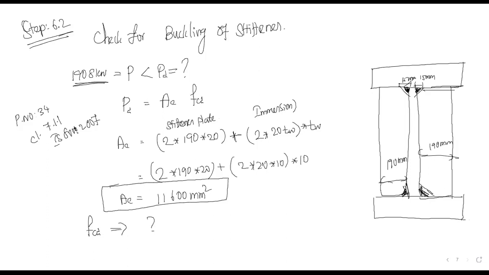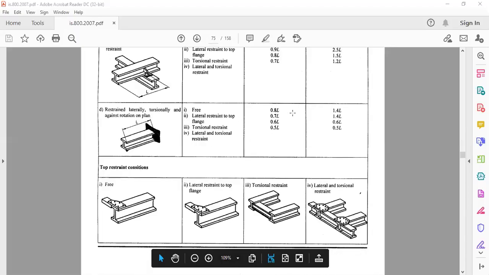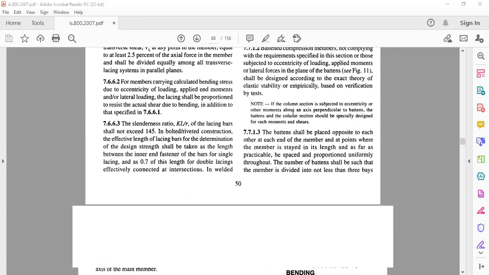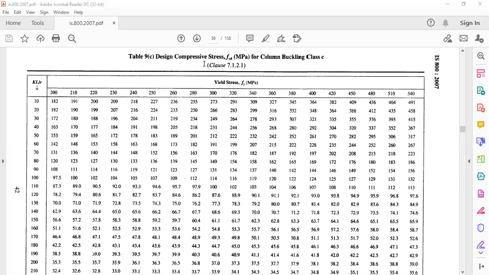For calculation of FCD, I have to follow some steps. I will go to that table. If I need the FCD value, I need the buckling class, the KL by r minimum value and the yield stress value. So these are all the things I need. KL by r minimum I have to calculate. This KL by r is nothing but effective length to least radius of gyration.